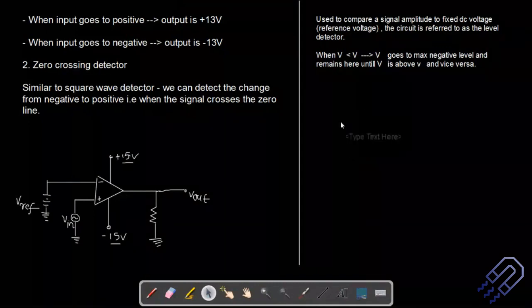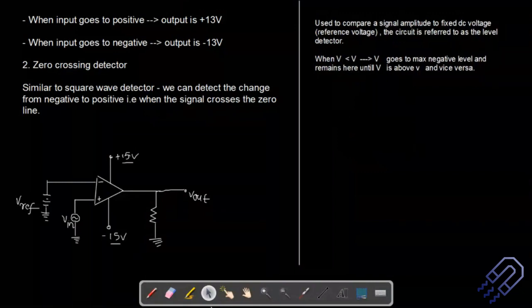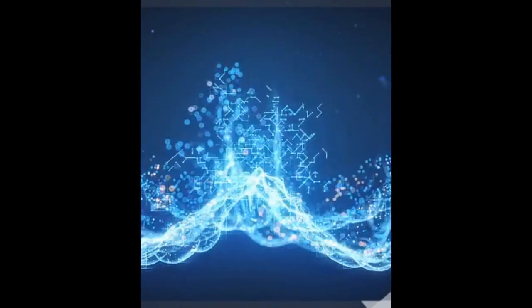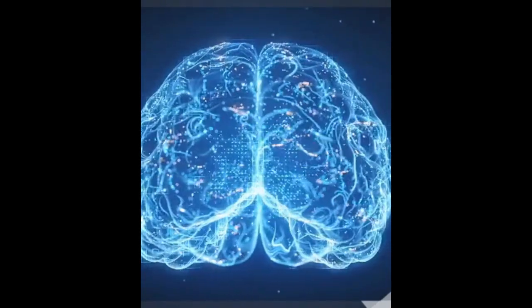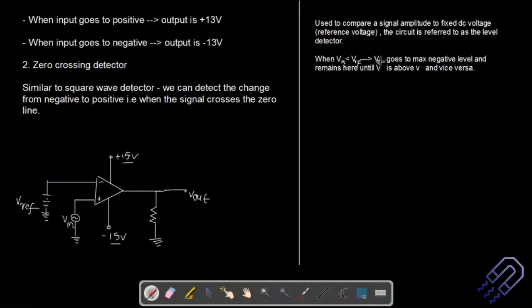Let me just fill it up for you. What happens usually is this. If V in, whatever voltage you have here, the input voltage that you want to compare, is less than the V reference, then this V output will go to the maximum negative level, because this is less, so it will go towards the negative level and remain here until this V input is above V reference.